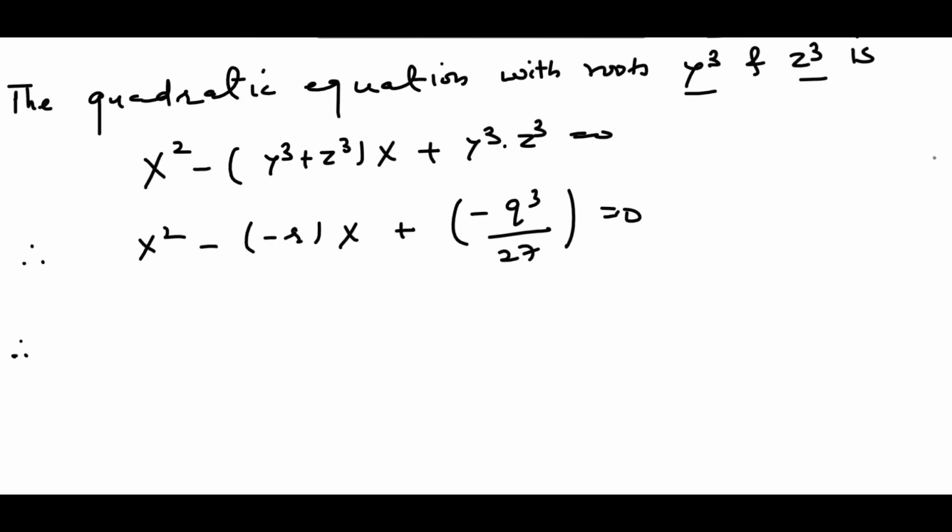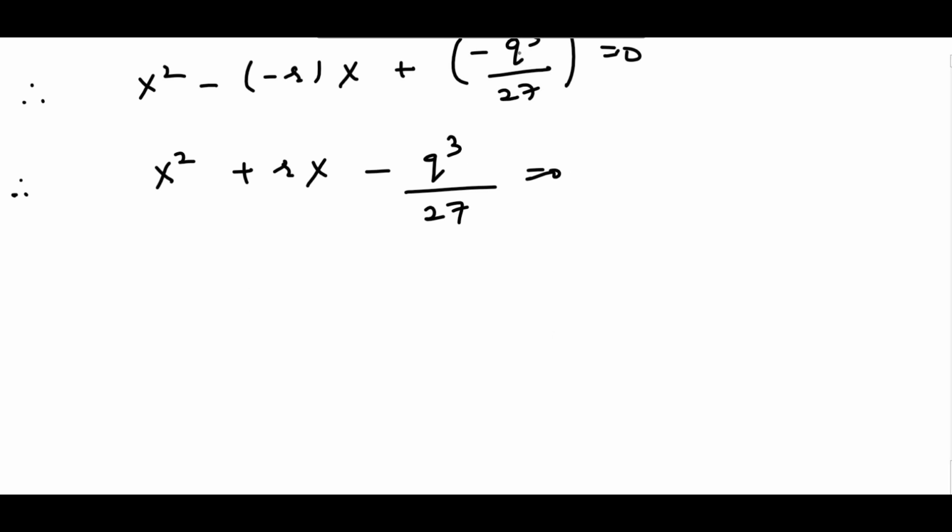So further it will become x square plus r times x, minus q to the power of 3 over 27 is equal to 0. And this is a quadratic equation.